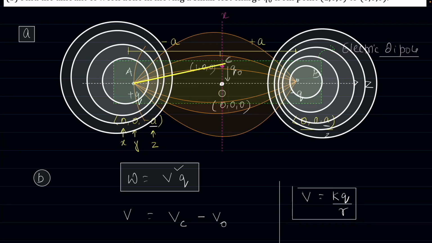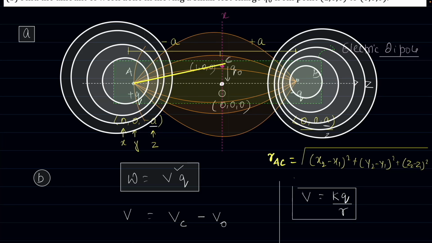To find the distance r_AC, we can use the formula root of (x2 minus x1) square plus (y2 minus y1) square plus (z2 minus z1) square, and we substitute the values. Here, this is our x2, this is x1, y1, y2, z1 and z2.